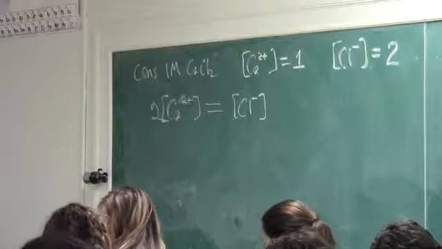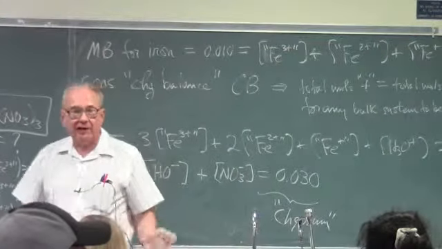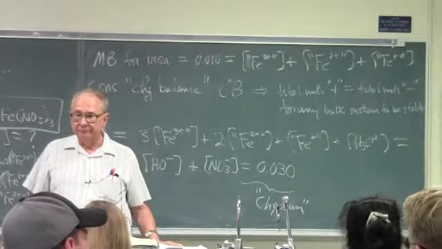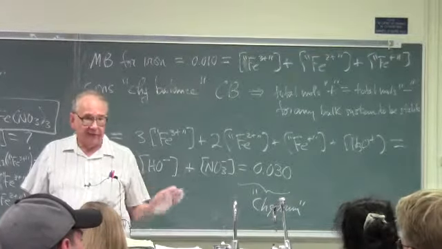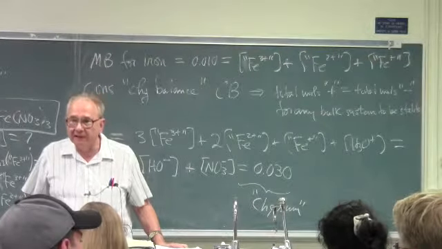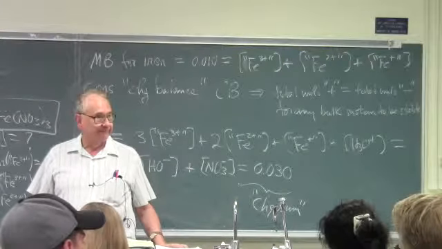Point. When I write a charge balance equation, I take the molarity of every ion in the charge balance equation, disregard sign, I don't care if it's a plus sign or minus sign, and multiply the concentration by the charge. That's it.